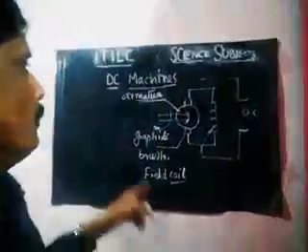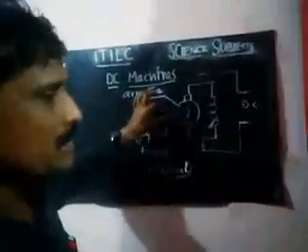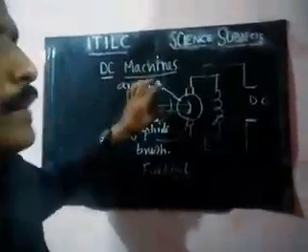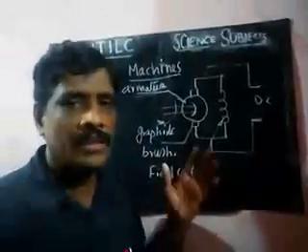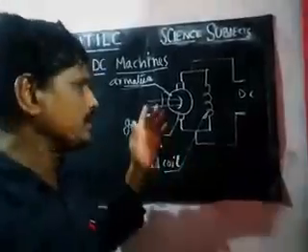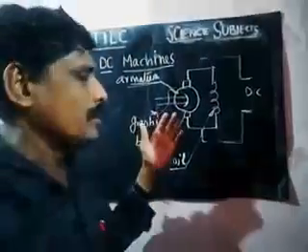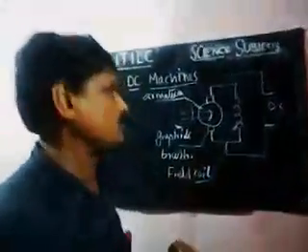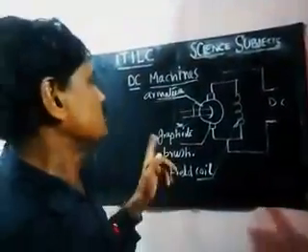This is called a DC generator because the machine is operated with a prime mover. The prime mover can be, as I already told, a kerosene engine, petrol engine, diesel engine, or an AC squirrel cage induction motor. This one is known as the DC machine.